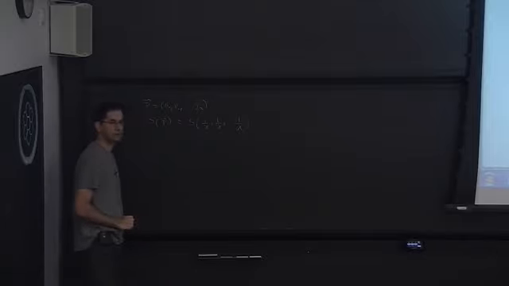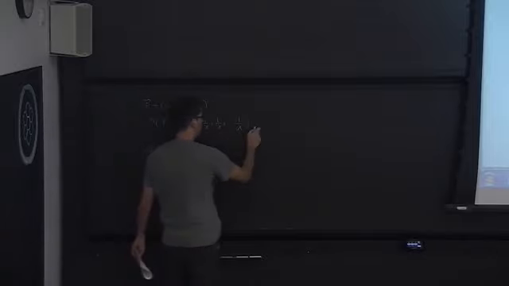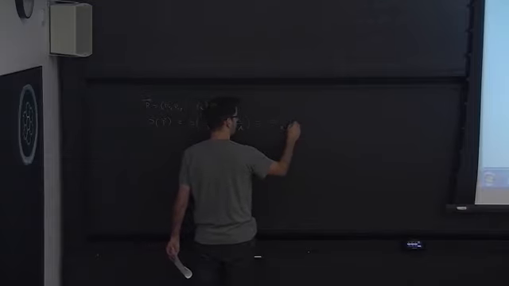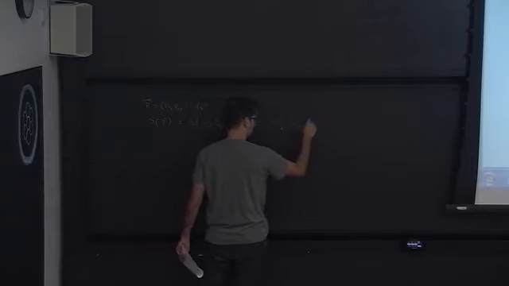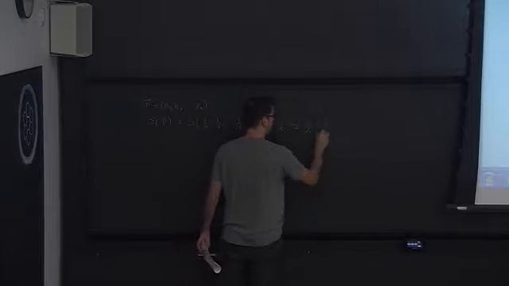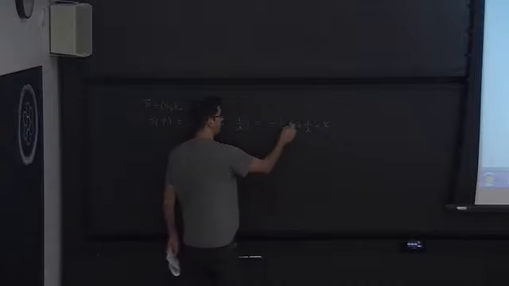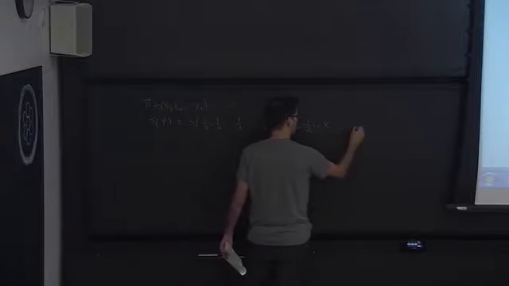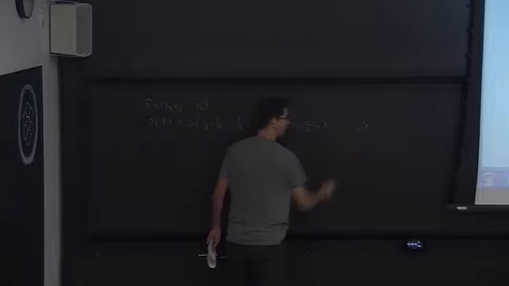But how much is this one? Well, this one is minus 1 over chi log 2 of 1 over chi, and we have this chi times. So chi goes away, and this is log 2 of chi.